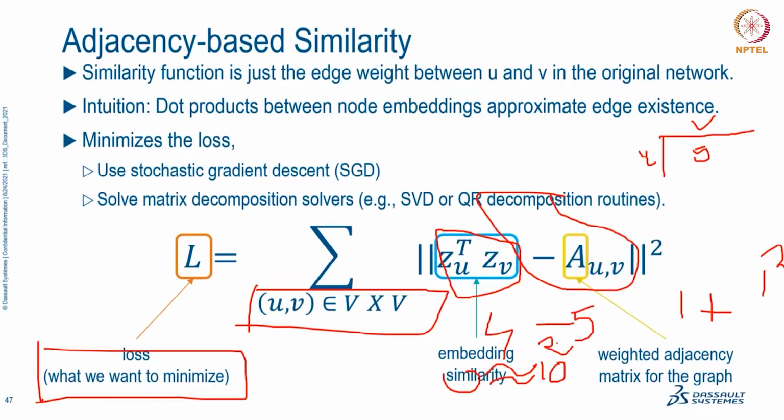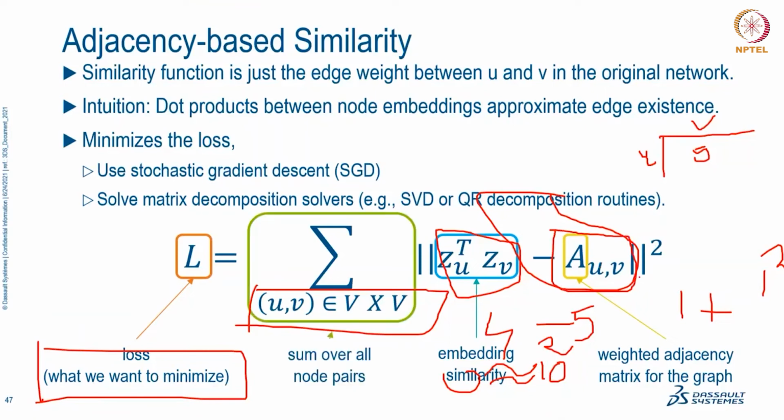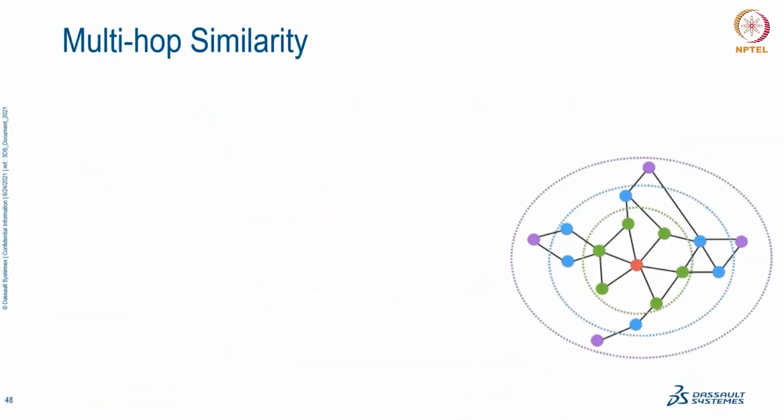Still we can approximate it to 0, so we'll again optimize these parameters and reduce the loss. So this is adjacency-based similarity, where we use the adjacency between the two nodes U and V, and we want to find the similarity between U and V. This is summing over all the pairs of nodes, as I already mentioned.